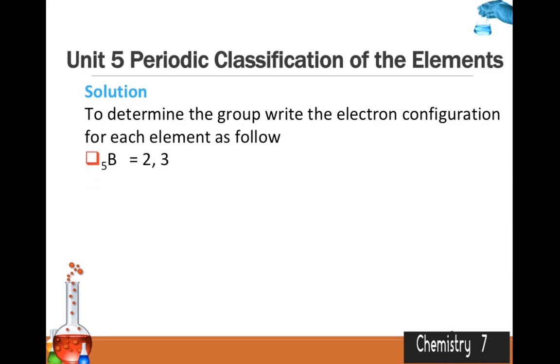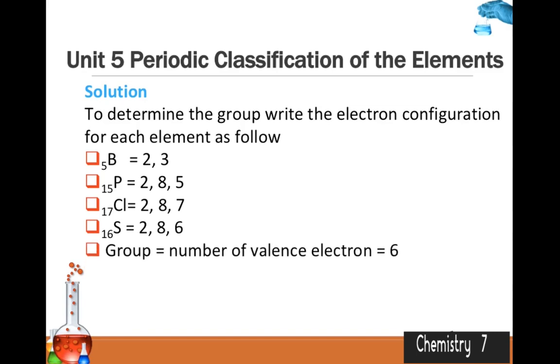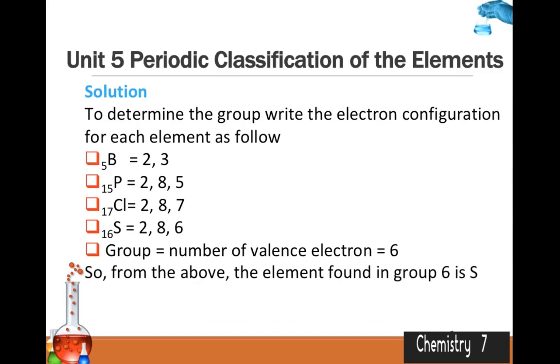For boron, it's 2, 3. For phosphorus, it's 2, 8, 5. For chlorine, it's 2, 8, 7. For sulfur, it's 2, 8, 6. The group is the number of valence electrons, 6. Sulfur. The answer is D, sulfur.